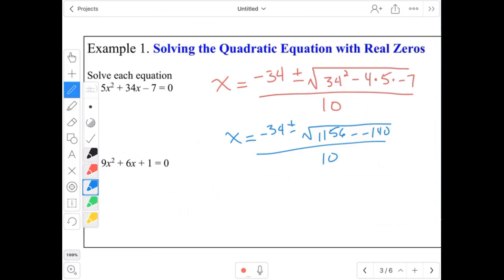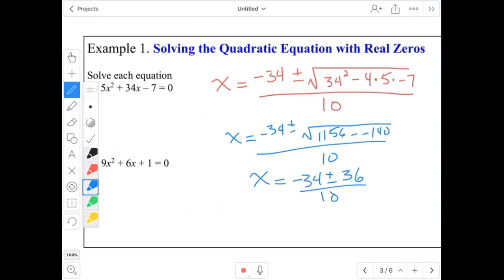Let's see. If we're taking the square root of 1296, that's going to give us 36. So x equals negative 34 plus or minus 36, all over 10.